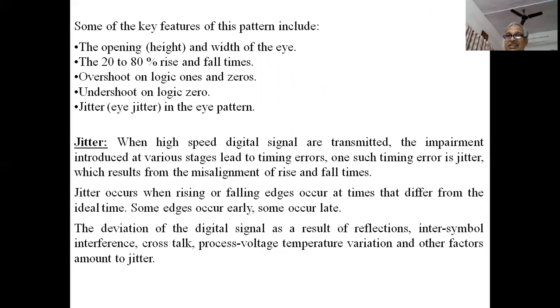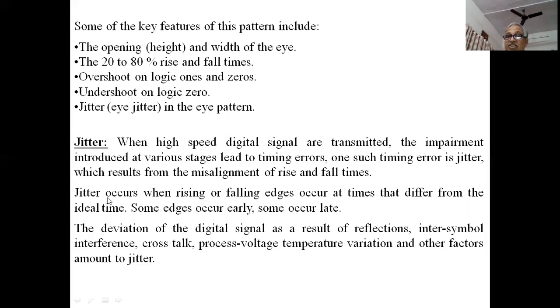What is meant by jitter? When high-speed digital signals are transmitted, the impairments introduced at various stages lead to timing errors. One such timing error is jitter, which results from the misalignment of rise and fall times. Jitter occurs when rising or falling edges occur at times that differ from the ideal time.